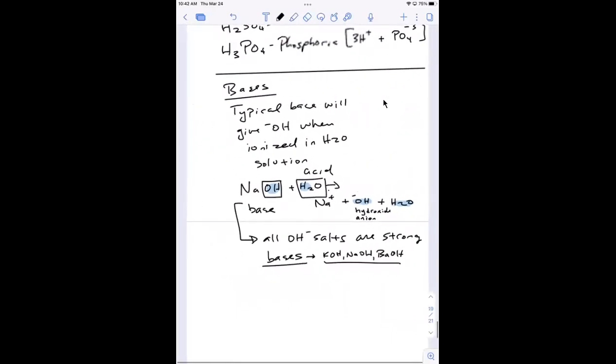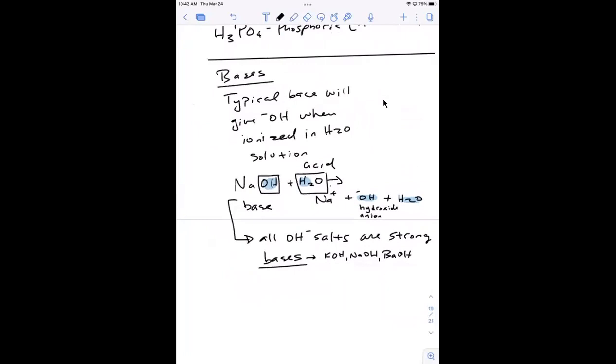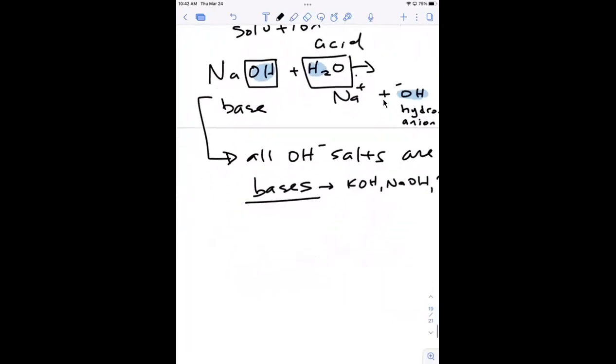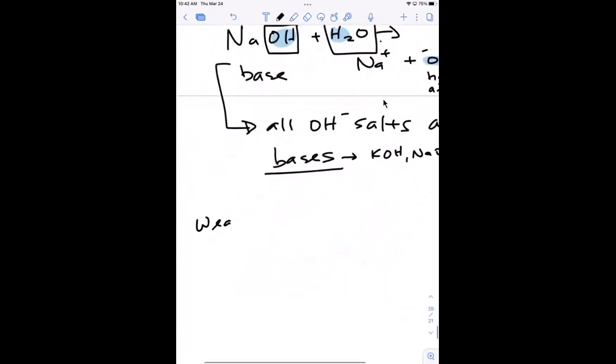Right? So typical bases are going to give OH. They're going to ionize fully when dissolved in water. And weak bases are the opposite. And this is weak in relative terms, because when I think about ammonia or other nitrogen-based bases, I think of those as inorganic.